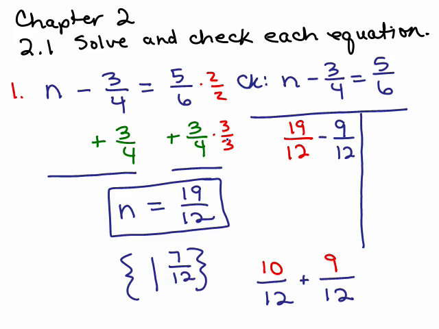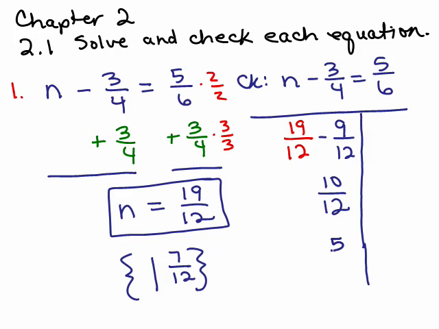In fact, it was right over here. 3/4 times 3 over 3 gives you 9/12. So I have 19/12 minus 9/12. If you have a common denominator, that would be 10/12, right? And then let's reduce it. To reduce 10/12, you have to divide the top and bottom by 2.